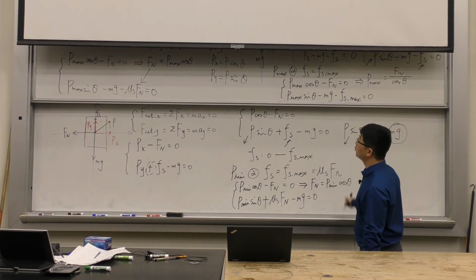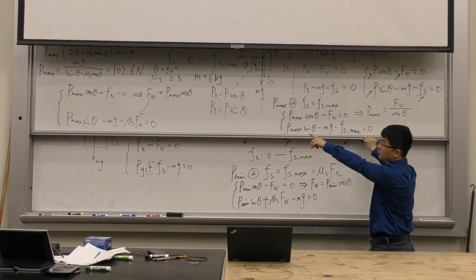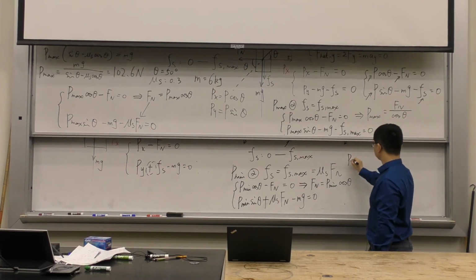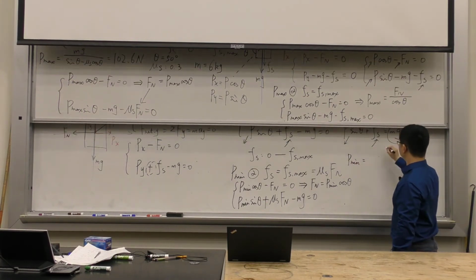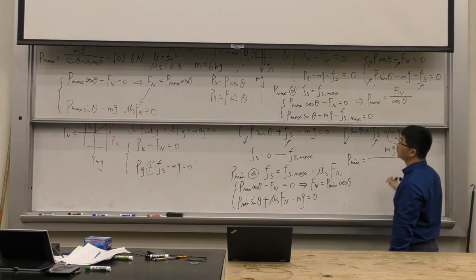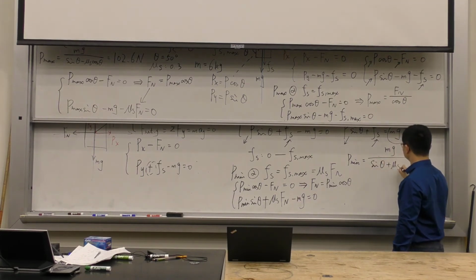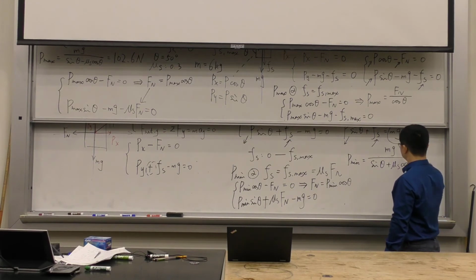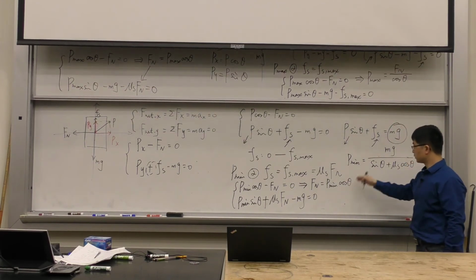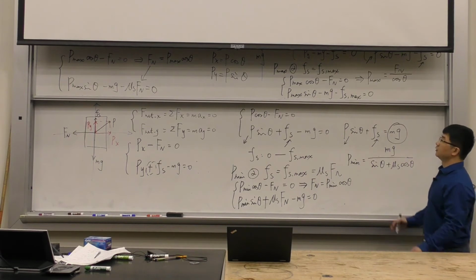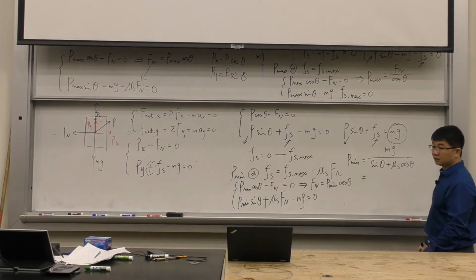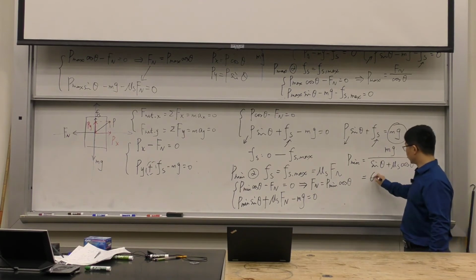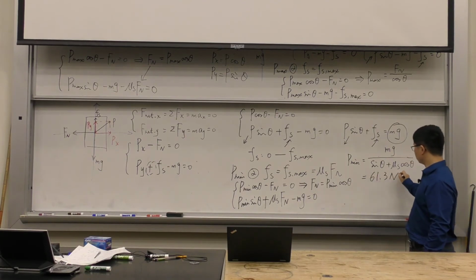So at the end you will get an expression very similar to that, but the only difference is that the negative sign at the bottom becomes positive. Okay, if you finish this algebra, this is what you're going to get. Now, plug all the numbers in. If you plug all the numbers in, this value is going to be 61.3 newtons.